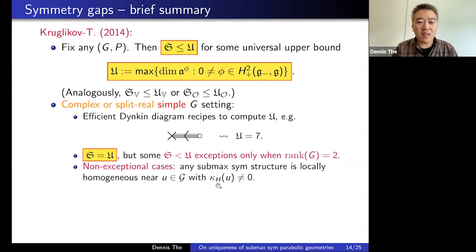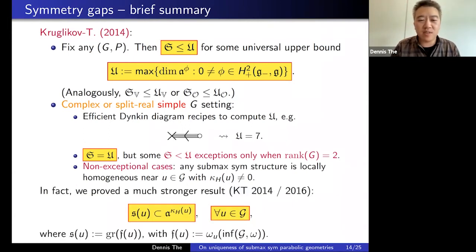So when I want to parameterize these structures, I'm working with homogeneous geometries. Just as a small side remark, but an important one, in fact we proved a much stronger result with Boris. It's not just in the homogeneous setting, because we didn't want to assume a priori that submaximally symmetric structures are homogeneous.